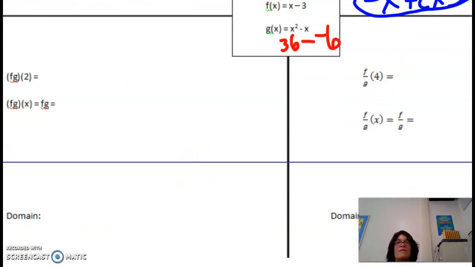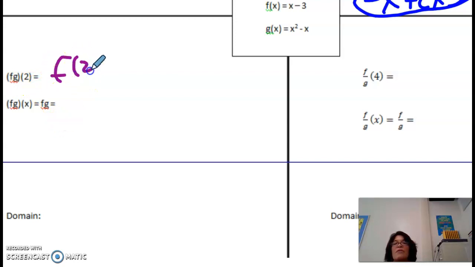Same functions, okay? I'm trying to use these same functions in the middle so you can make some comparisons on these operations. f times g of 2, look how it's written. People get that mixed up all the time. They're like, what's that mean, FG2? It's not FG2, it's f times g. We're multiplying the two functions together, okay?